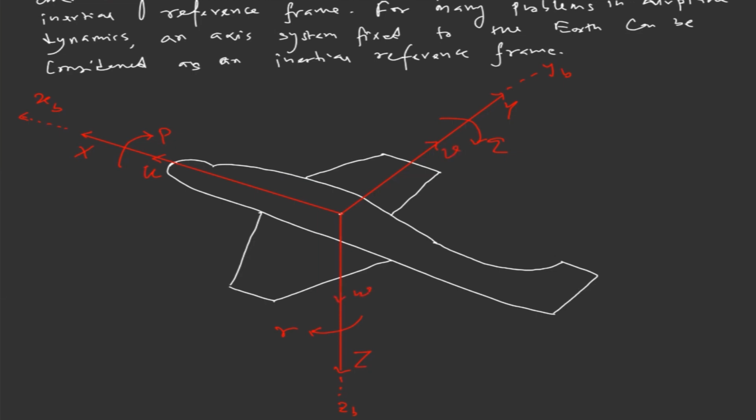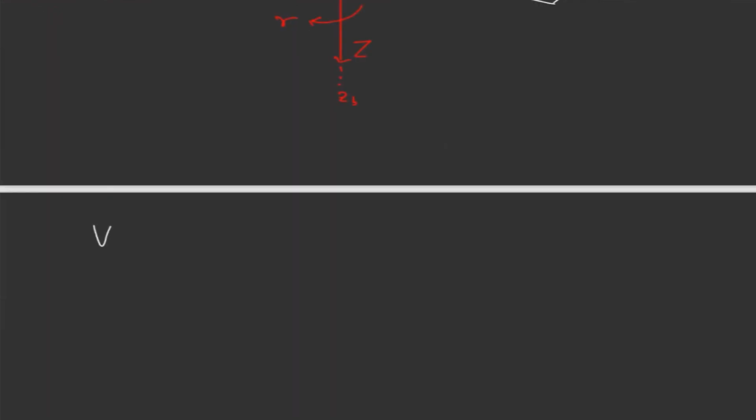And let's assume this is the total velocity of the aircraft, which is along this line, and we are assuming this is capital V. So now let's define what the terms being used here are. Capital V is the total velocity of the aircraft.